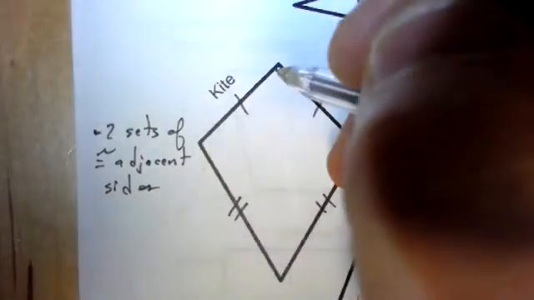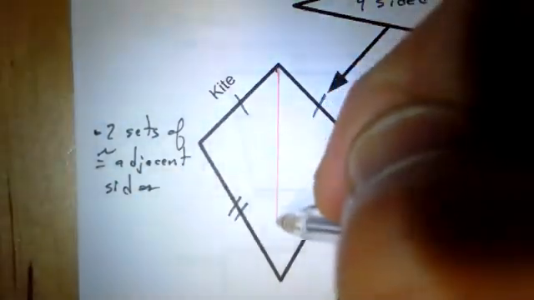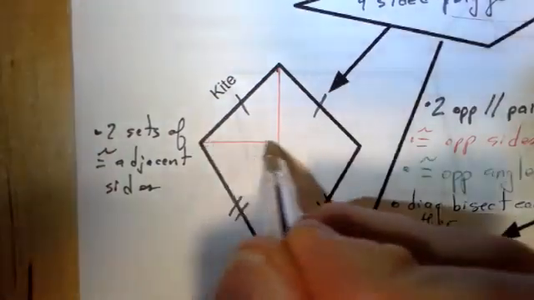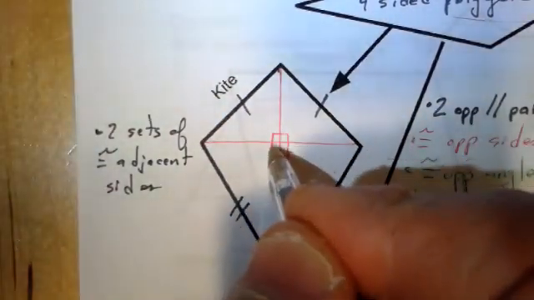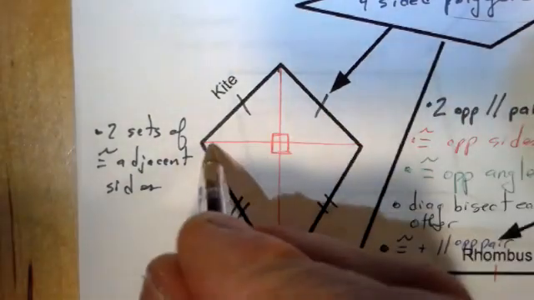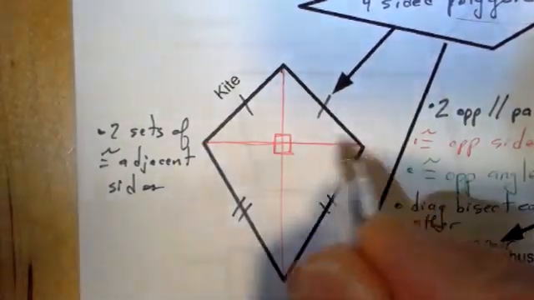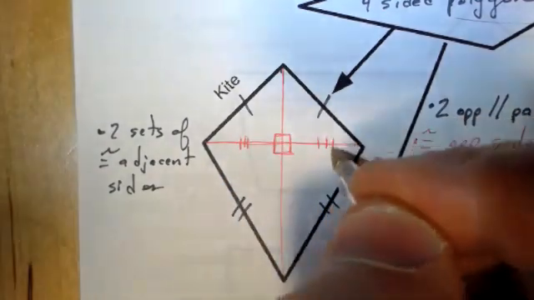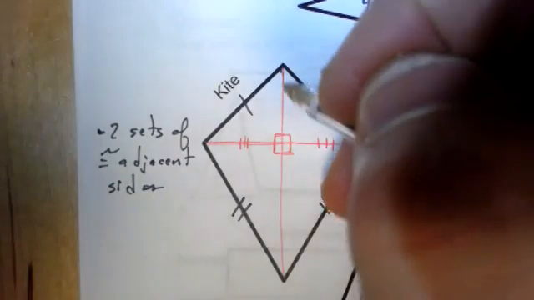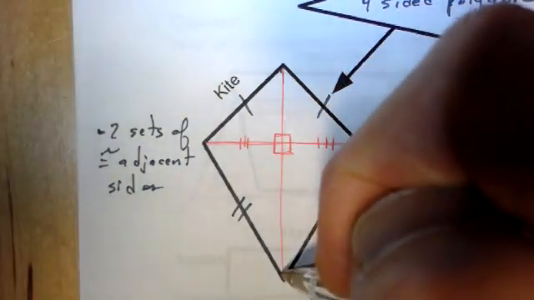A kite is going to have some special diagonals. Now the diagonals are perpendicular to each other, and the diagonals are going to create one bisector. So this one here is going to be split in half. So this diagonal is split in half by the other diagonal.